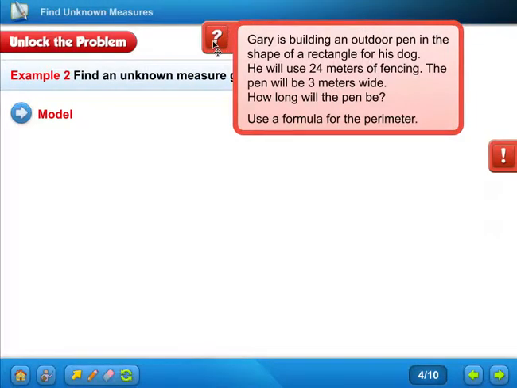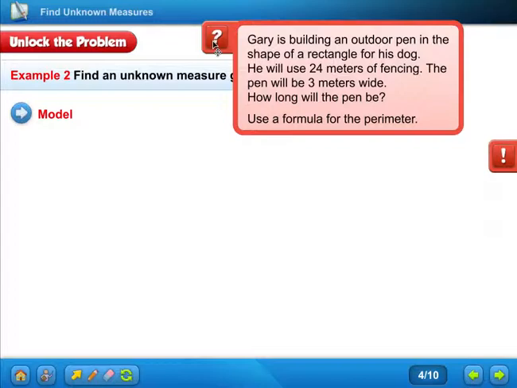Gary is building an outdoor pen in the yard. I'm sorry, let me reread that. Gary is building an outdoor pen in the shape of a rectangle for his dog. He will use 24 meters of fencing. The pen will be 3 meters wide. How long will the pen be?